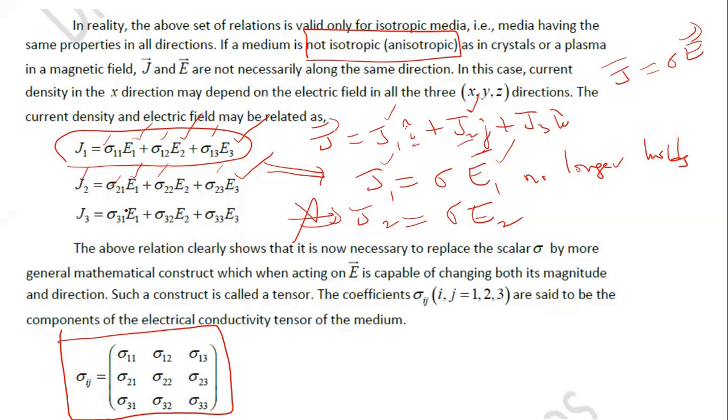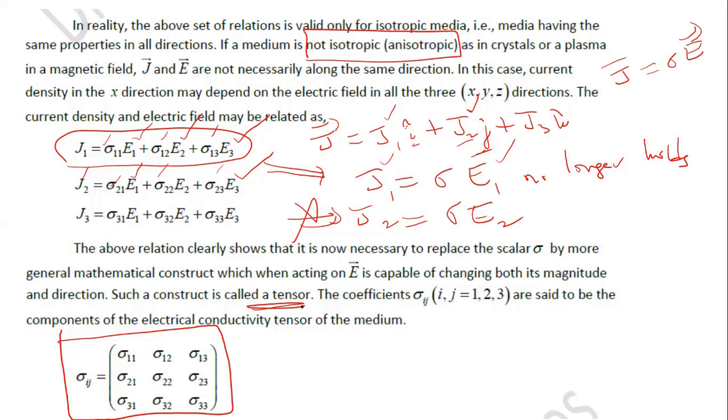So this physical quantity, the conductivity, as we know it, is no longer a scalar, nor a vector. We cannot classify the conductivity of an anisotropic crystal as a scalar or vector. So we need another category to identify such physical quantities, which are beyond scalar and vector concepts, and they are known as tensors.